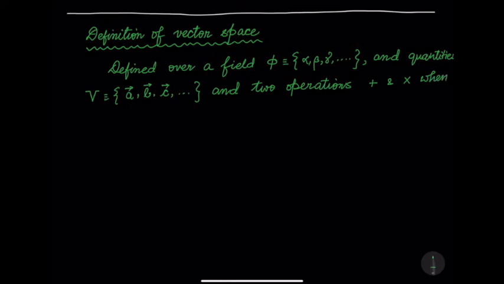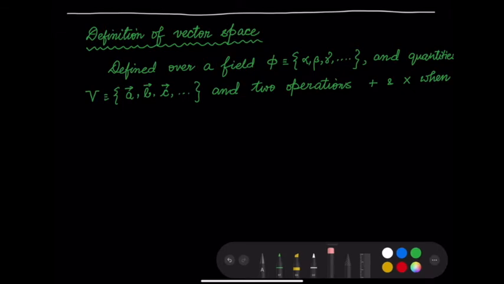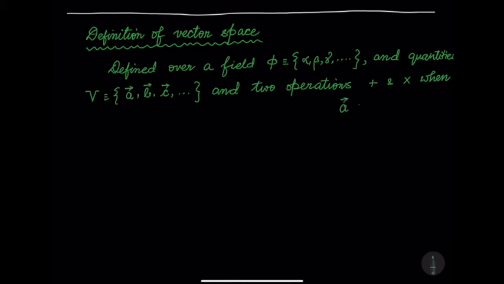And there are certain axioms which a vector space should follow, and the axioms are the following. Before I go to the axioms, I need to define what the plus and multiplication are. The plus is between vectors, so if I have A plus B, that is one operation, and the multiplication is with a scalar. So this is the other operation. So what are the rules that it should follow?